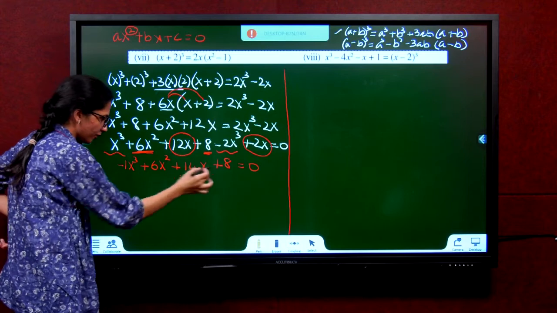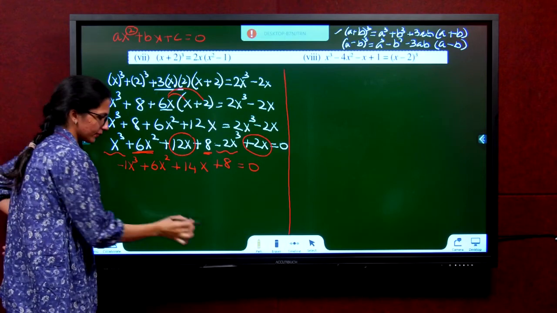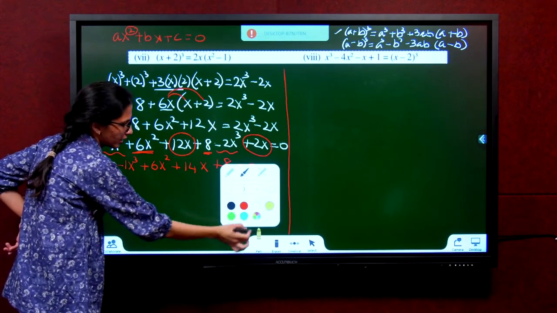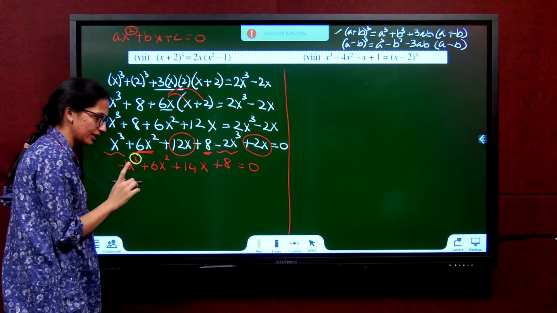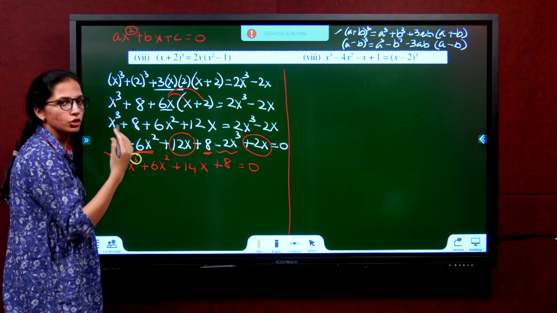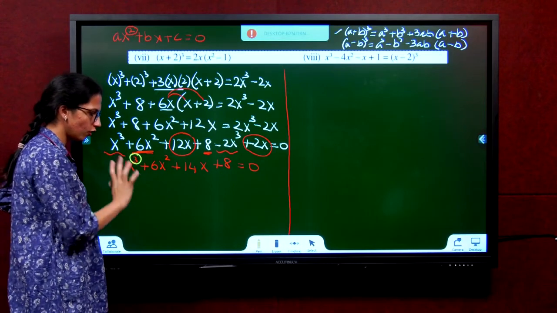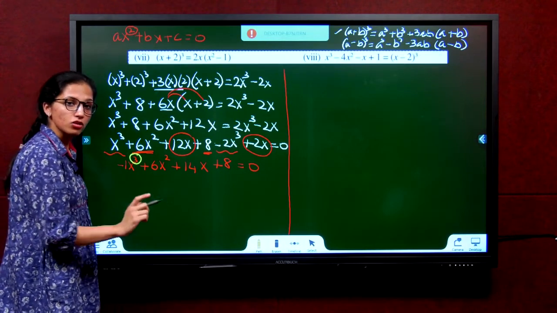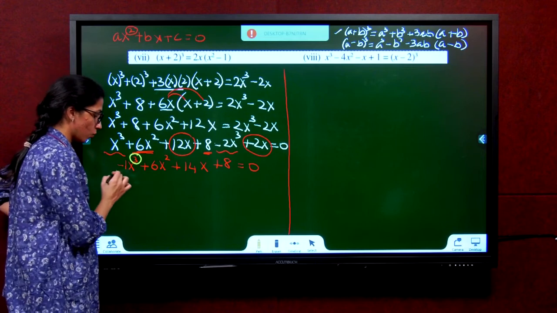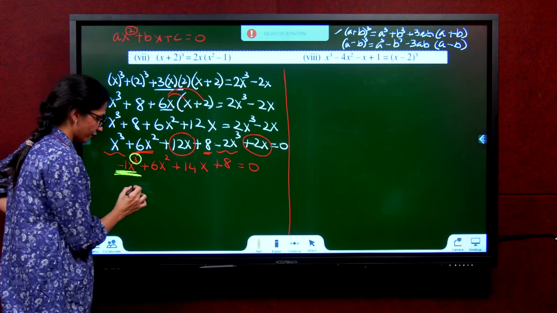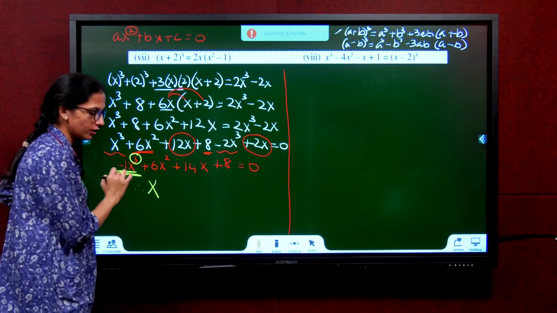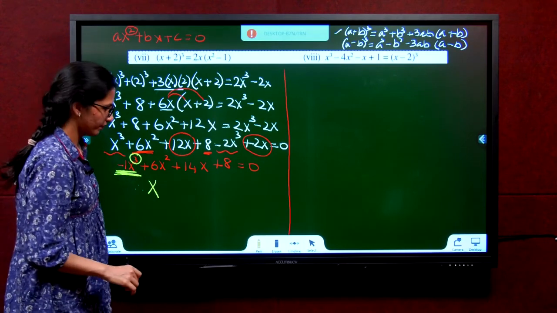What is the highest power of x here? It is 3. It is no longer 2. So it's not a quadratic equation. It is something known as a cubic equation. If you do not know, all you need to say is it is not a quadratic equation. Why? Because the highest power is not 2. Therefore, we should say it is not a quadratic equation.